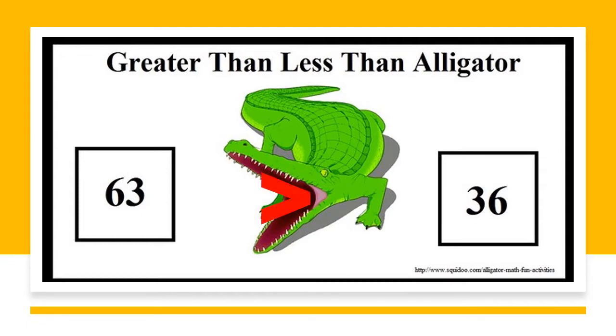And look at how our symbol looks kind of like an alligator mouth trying to eat the bigger number. So when we put our symbol in, the part that's open is like an alligator's mouth eating the bigger number while it's pointing to the smaller number.